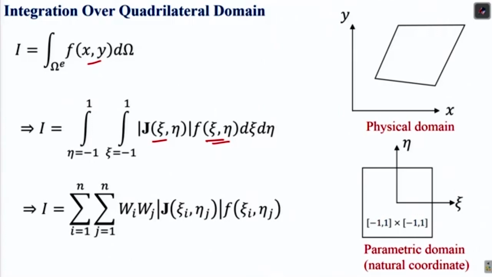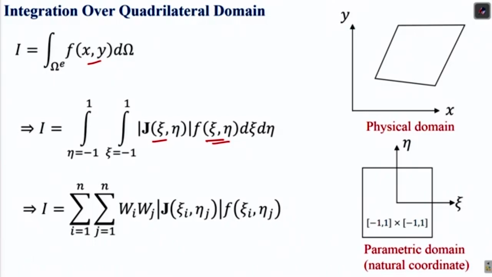So if it is an n point rule, now this is very important. In the one dimension case, we had only one summation. So along the xi axis, if it is an n point integration rule, we have n points along the axis, and at every point we have to determine the function values. But now it is a 2-dimensional case, so the summation is over the xi coordinate and over the eta coordinate.